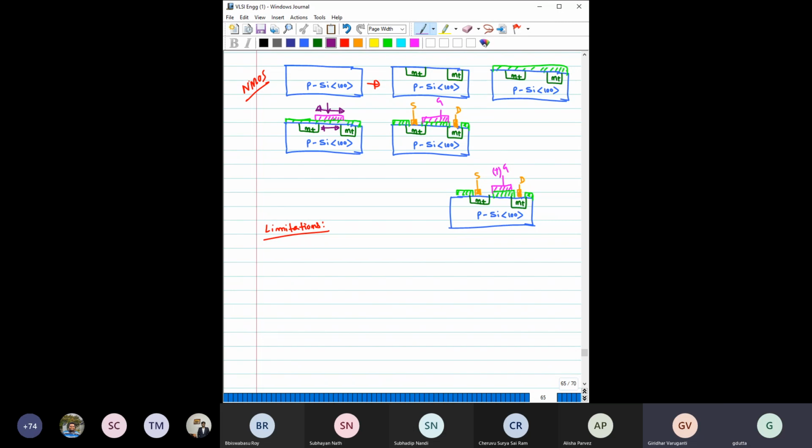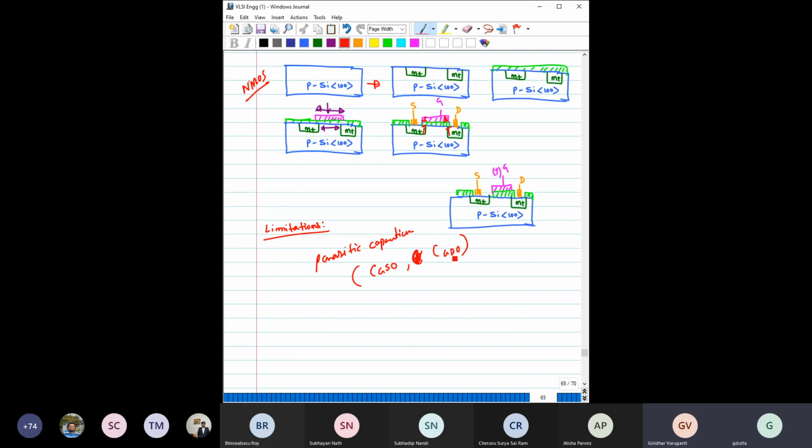But as a result you have to pay for something. When you do this, what will happen? You have capacitance between gate and source overlap, and between gate and drain overlap. These are the parasitic capacitances, basically the gate to source overlap capacitance and the gate to drain overlap capacitance.